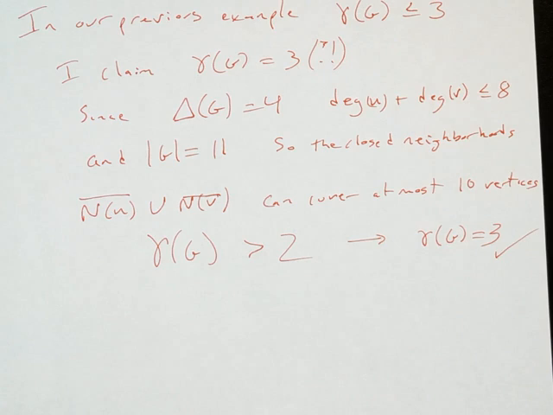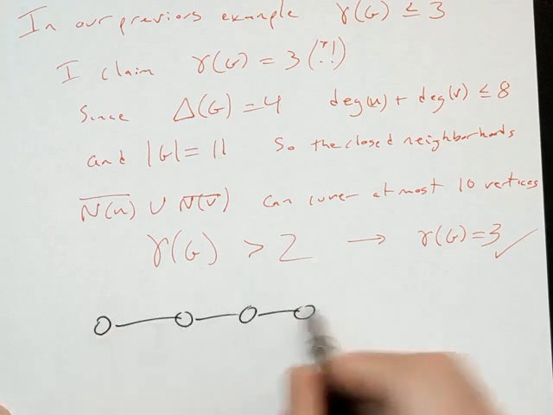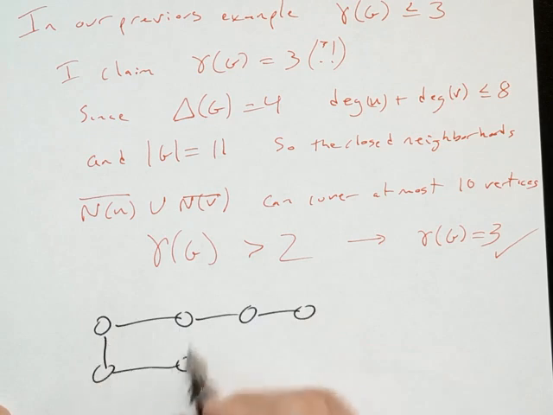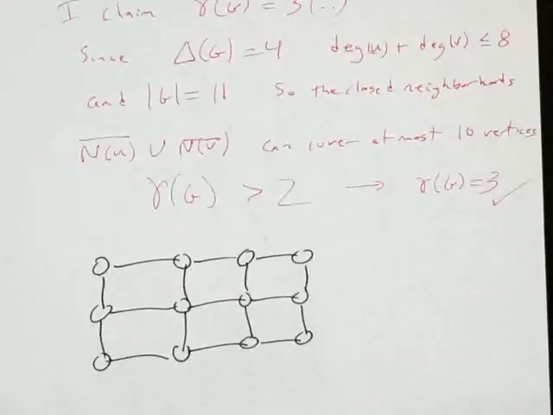Let's make a grid. Here's a grid, 3 rows of 4 vertices.